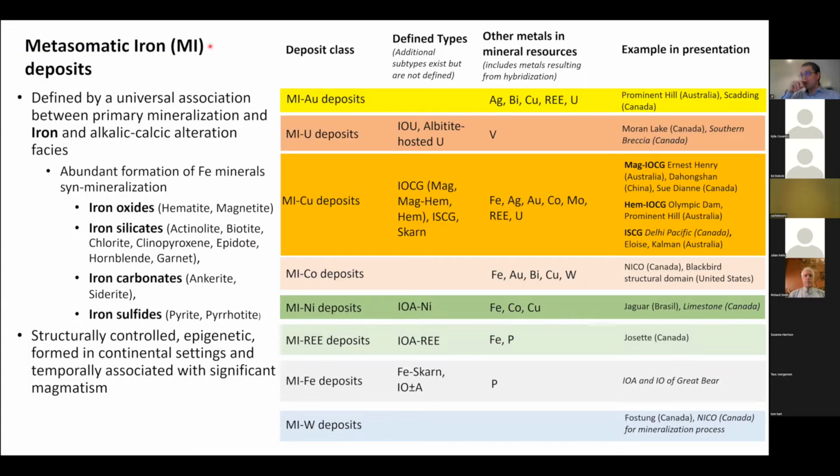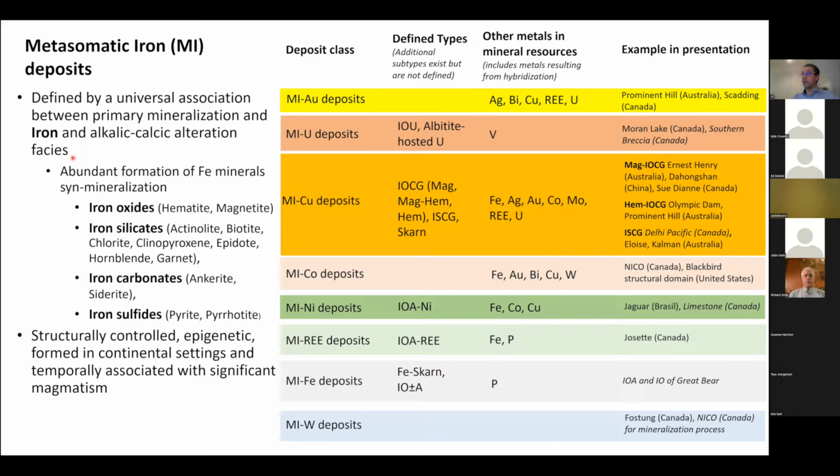If we try now to group these different mineral deposits that are possible in these large metasomatic systems, first starting with metasomatic iron deposits, one underlying concept to support that grouping would be the universal association between primary mineralization and iron and alkali-calcic alteration facies.